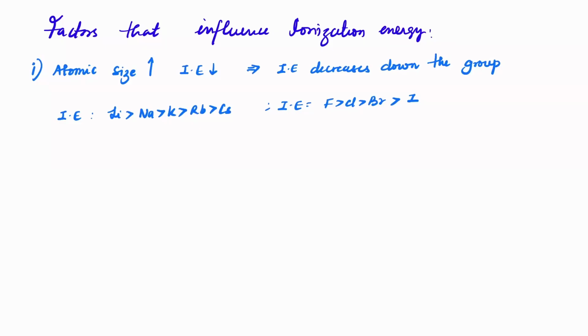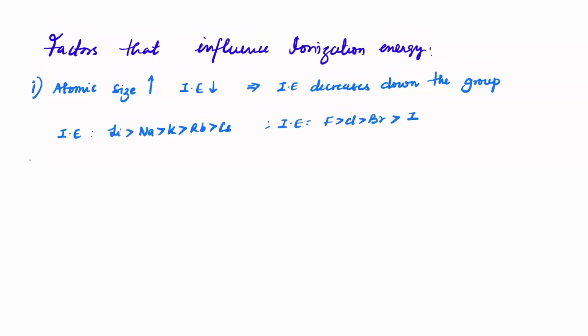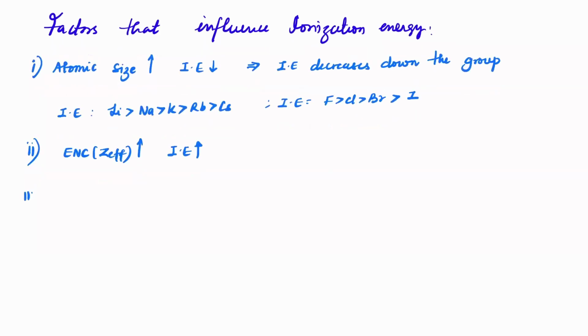So if you put all those factors together, first let me put the second factor and then I'll discuss that. Next one is effective nuclear charge, that is Z effective. If Z effective increases, size will automatically decrease and ionization will increase. Third factor is the screening factor, which is sigma.